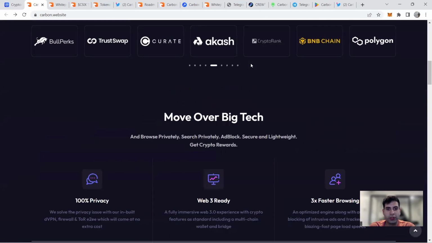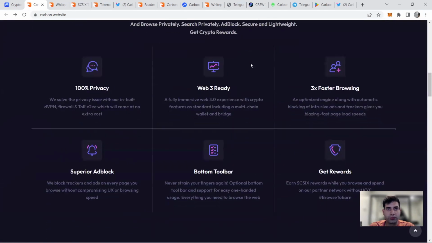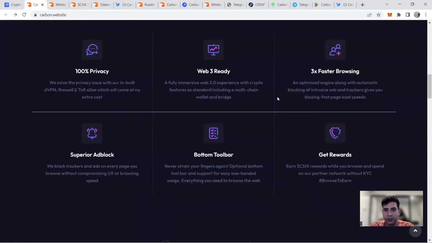So let's quickly go through the high-level features. It's 100% privacy based. They have the concept of a decentralized VPN, firewall, and Tor, and it comes at no extra cost. It's ready for Web3, so it's really ready for crypto. It's 3 times faster browsing compared to other competitors.